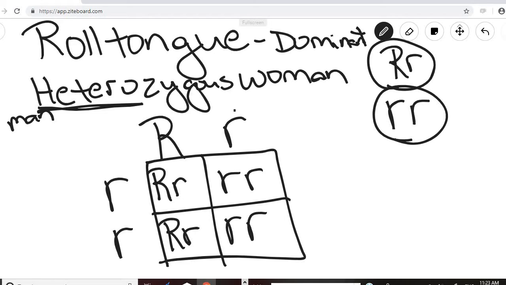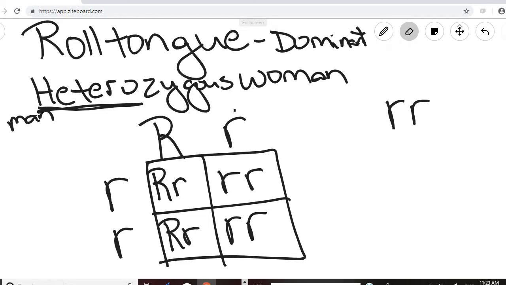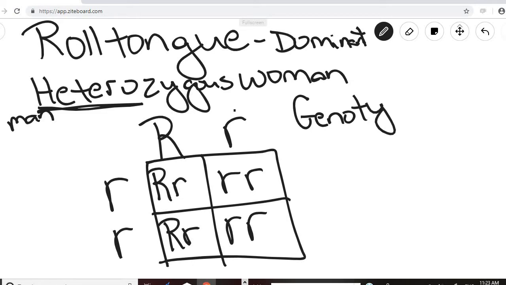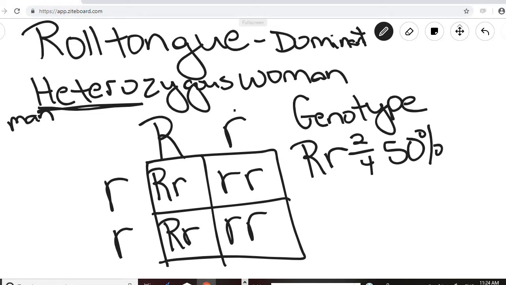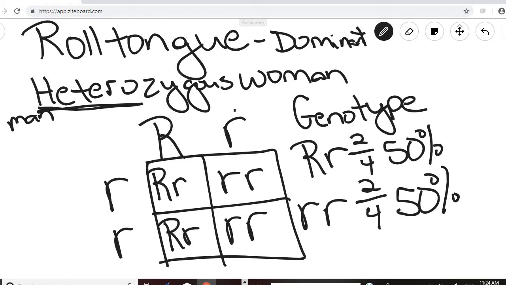In terms of their genotypes, the different possibilities are uppercase, lowercase, that's 2 out of 4, so 50%. And lowercase, lowercase, that's also 2 out of 4, so that represents 50% as well.